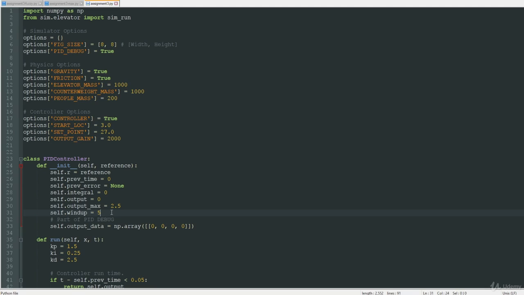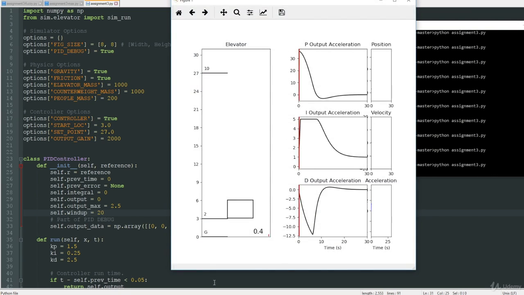If I set the integrator windup term to something much larger, the elevator will hang at that up position for much longer.